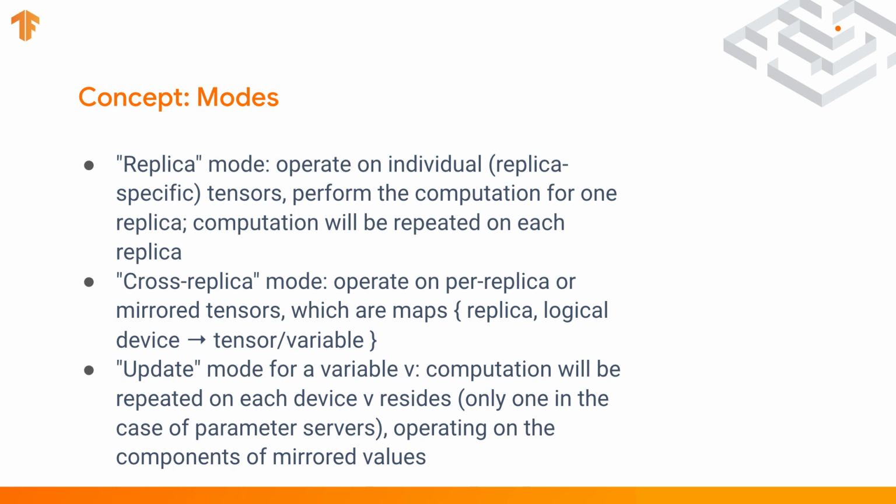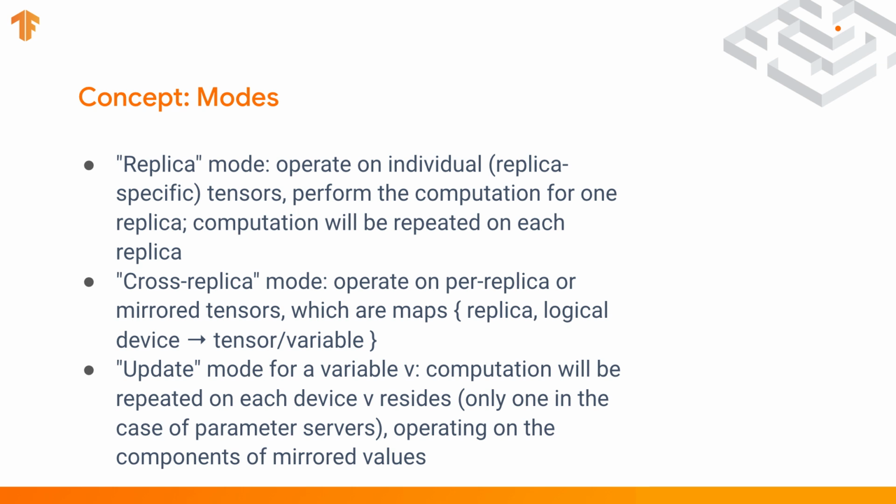So those first two slides of the custom training loop were demonstrating computation in cross-replica mode. And this last slide was computation in replica mode. In replica mode, we're operating on ordinary tensors, and we can use the full TensorFlow API to specify the computation that is going to be repeated on each replica device.